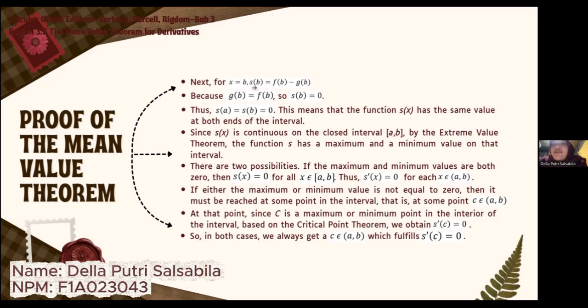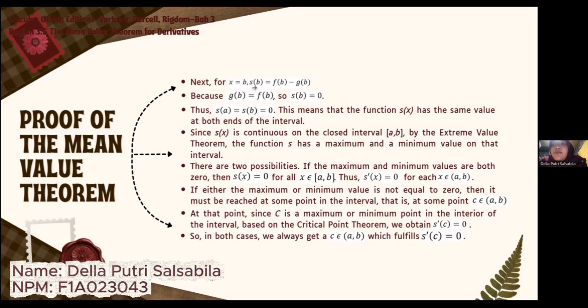Since s of x is continuous on the closed interval from a to b, by the extreme value theorem, the function s has a maximum and a minimum value on that interval. There are two possibilities.